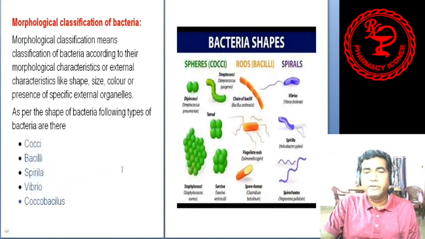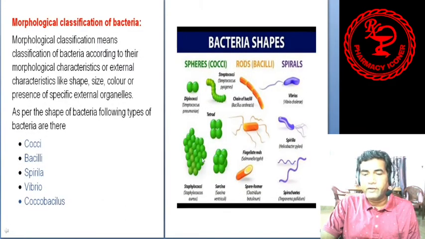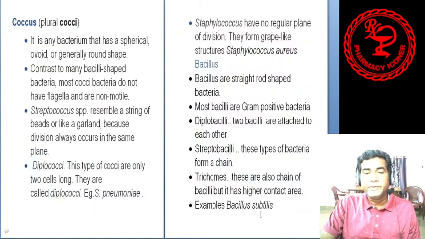Diplococcus, as I told you, is two cocci attached together. Then the staphylococci are like a branch of grapes. So this is the cocci.